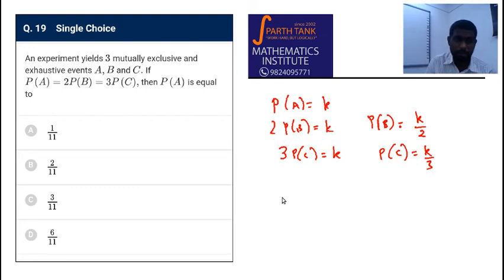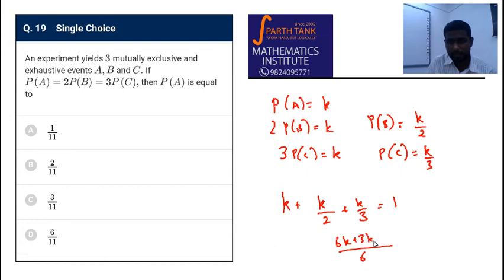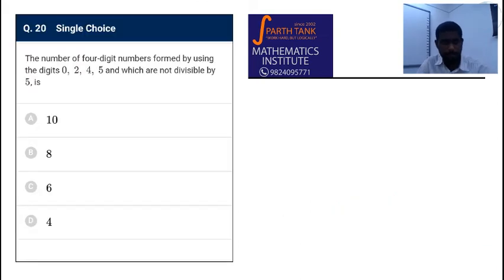Since they are mutually exclusive and exhaustive, adding all 3 should be equal to 1. So 6k plus 3k plus 2k is 6, or 11k by 6 is 1, k is equal to 6 by 11. So option D, k is 6 by 11 is the correct answer.